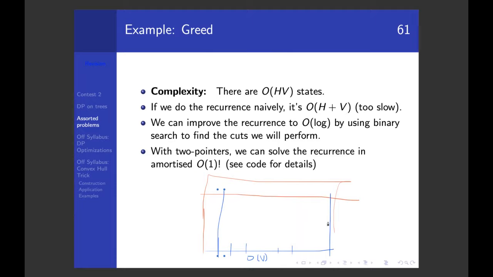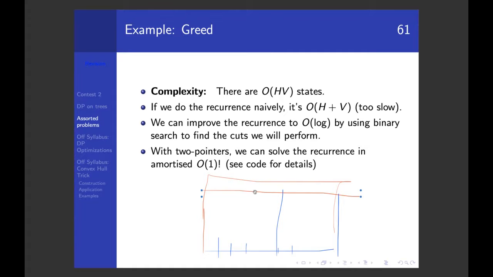So while one pointer increase, like here to here, might cause a lot of individual increases, across all order V states, the second pointer gets increased order V times. So to calculate the best vertical cut for V states with a fixed horizontal width is order V. So order 1 each. We do this for every height here.